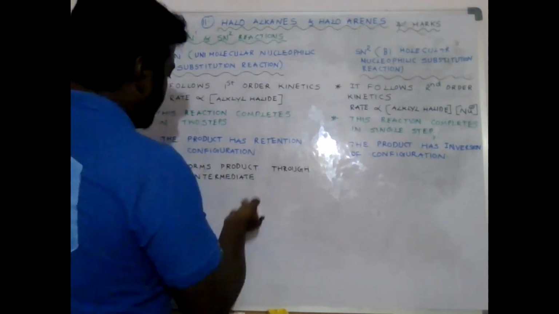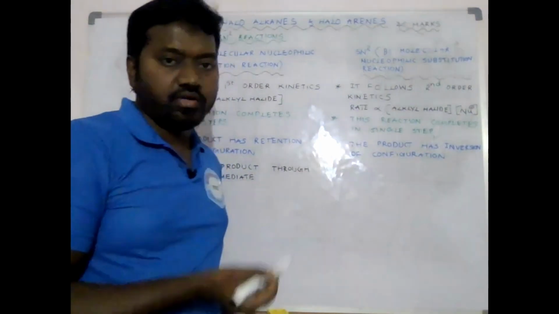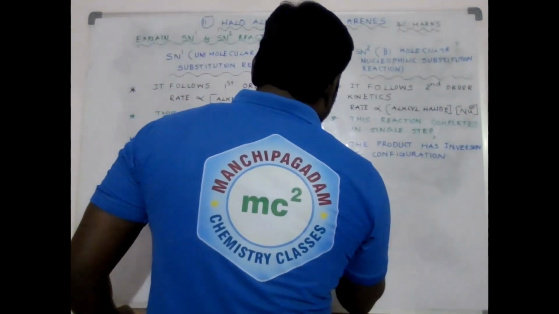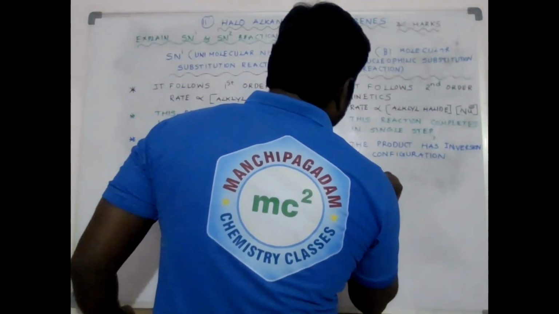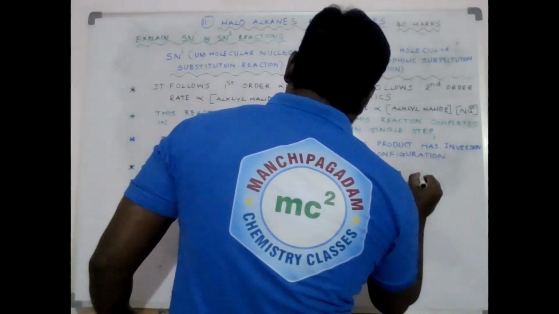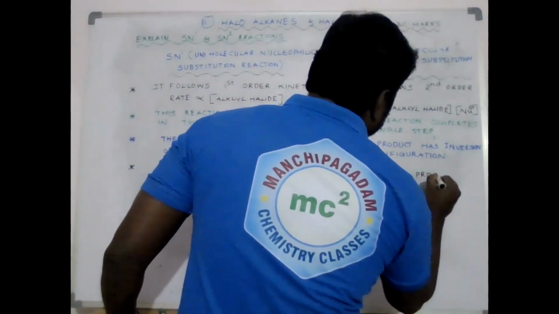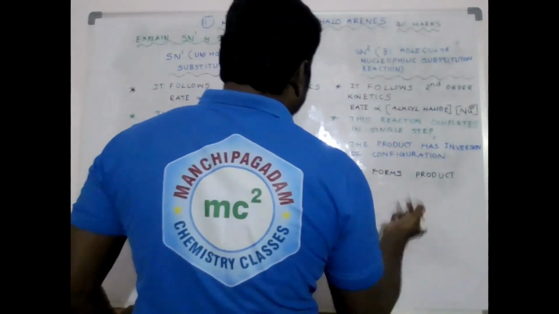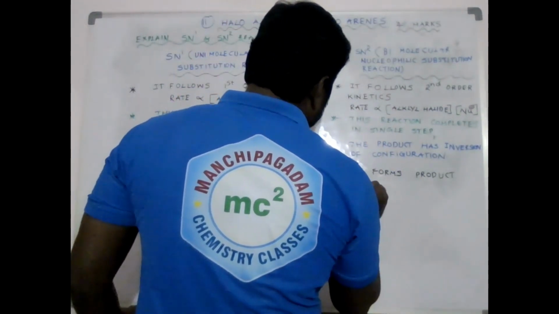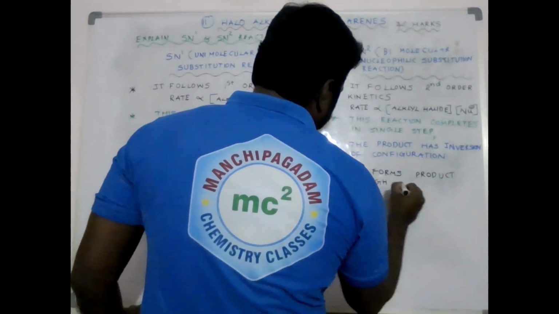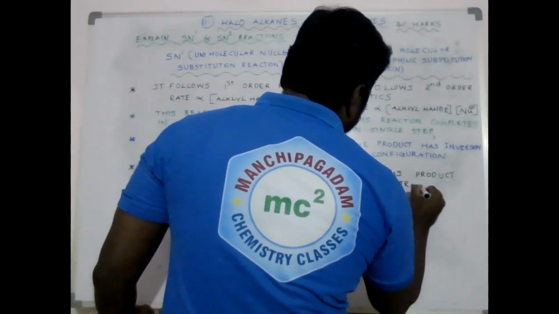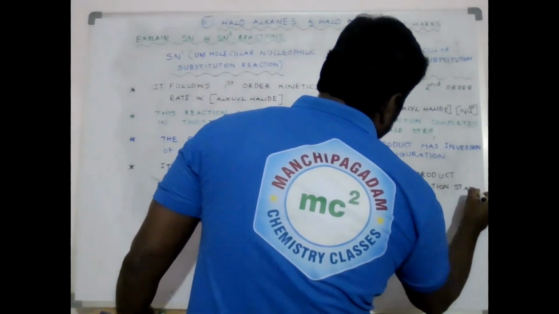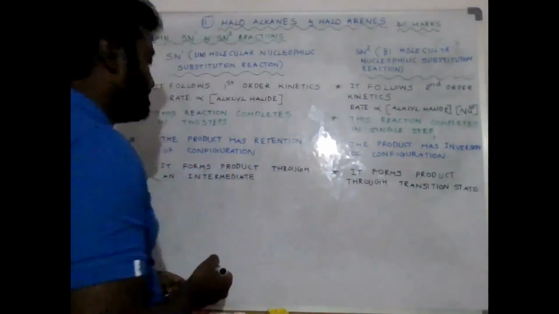So the stable carbocation is the intermediate here. We will discuss when we are writing the example for this, right? So here also product is formed, there also product is formed, but how that is forming, that is the point. It forms product through an intermediate, right? Through transition state. That's it, very simple. I will tell you what the transition state is also.